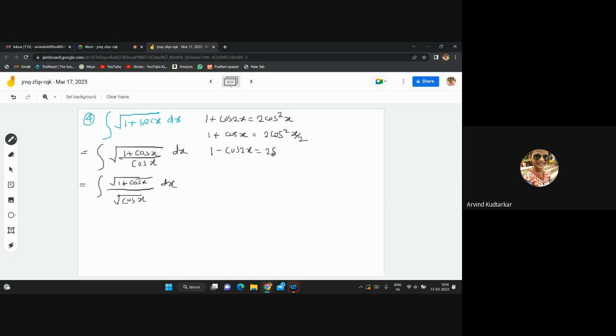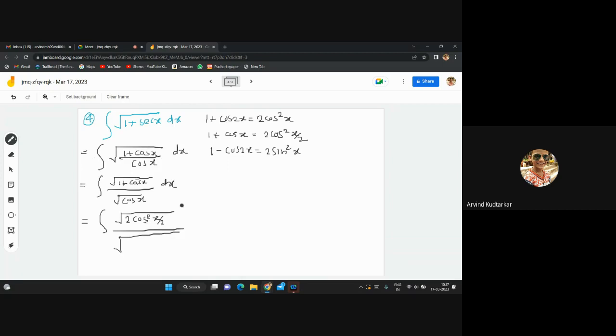So root of 2 into cos square x by 2, divided by root of cos x. Here in this case you take the root of 2 as well as root of cos square. So root of ab is what?